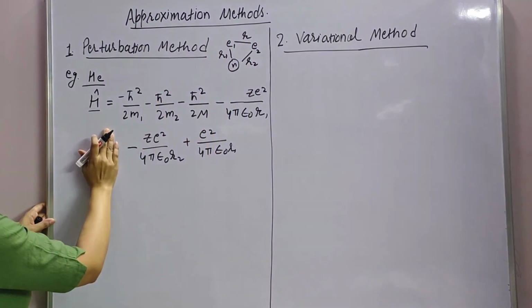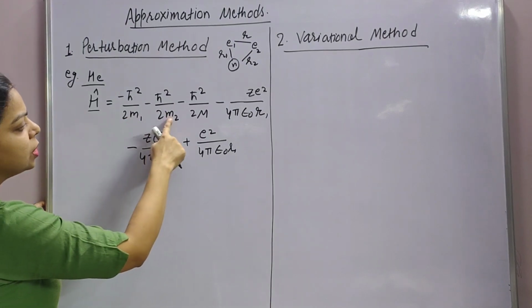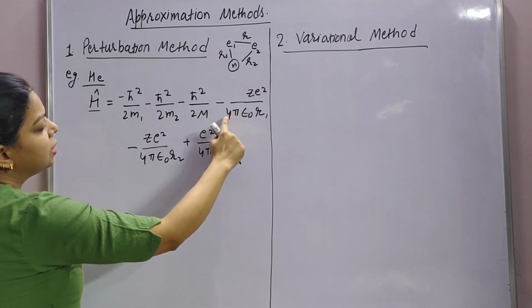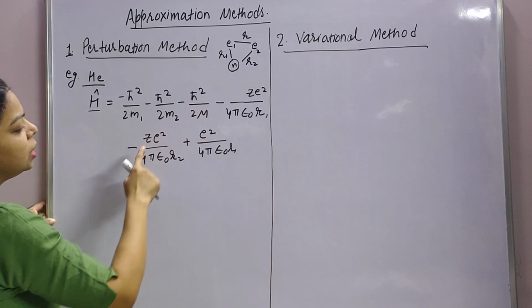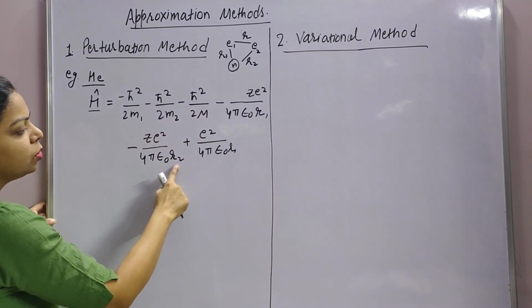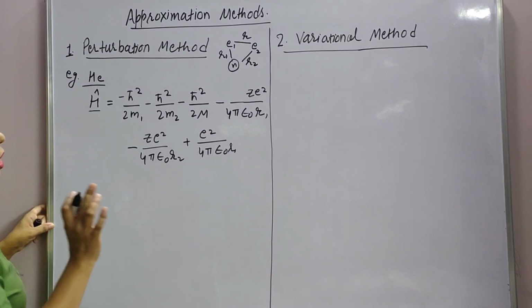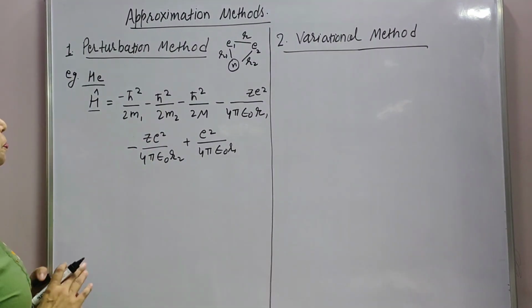So I have written this Hamiltonian operator: kinetic energy term for first electron, for the second electron, kinetic energy term for the nucleus, and this is potential energy term for nucleus and first electron. This is nucleus and second electron. This is the repulsion term between the two electrons. So we have total 6 terms in this Hamiltonian operator.